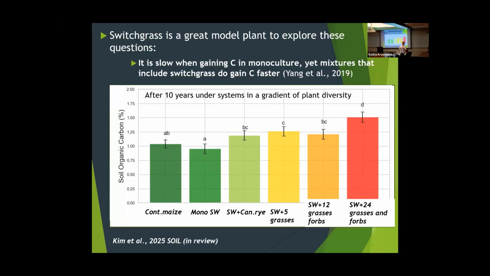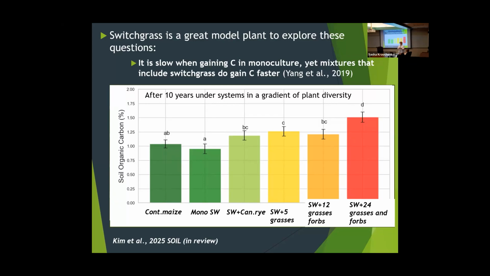Because, as our work and the work of many other studies in different locations across the country demonstrate, monoculture switchgrass, when it's just a stand of switchgrass itself, is very slow to generate soil carbon gains. It's very surprising. No one could believe it at first, because it made no sense whatsoever, because switchgrass has this giant root system. So how could it be that it doesn't increase soil carbon very rapidly?